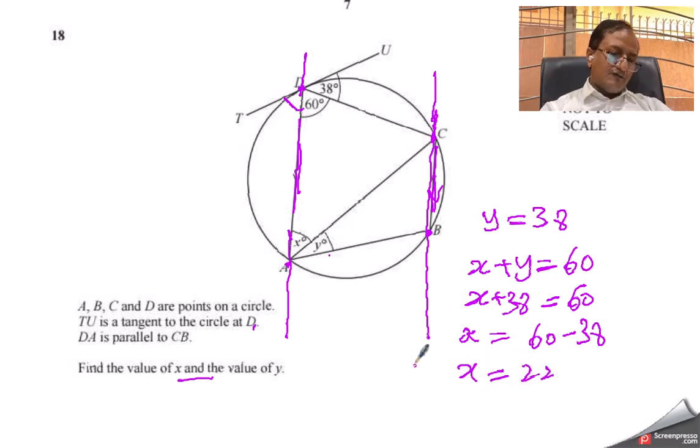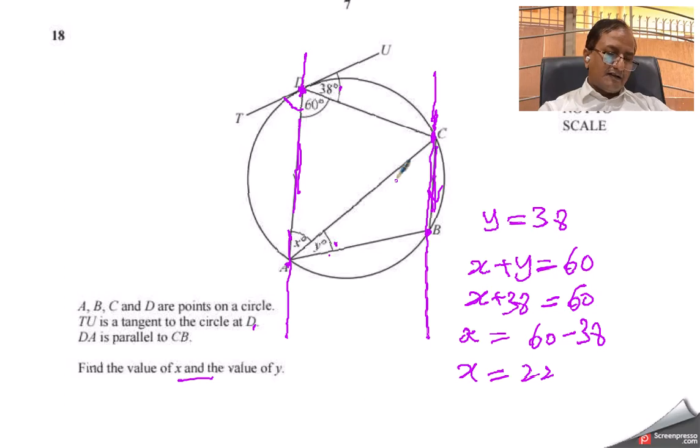X is 22, and y is 38 degrees. There are other logics as well, because x plus y equals 60. If this one is 90 degrees, this is the tangent, and a tangent makes 90 degrees with the radius from the center.